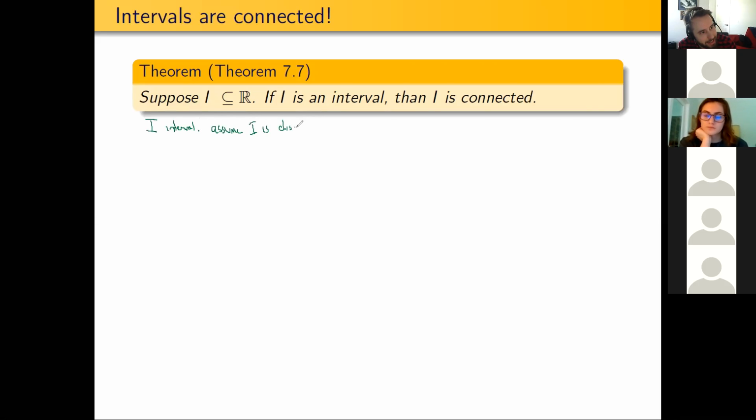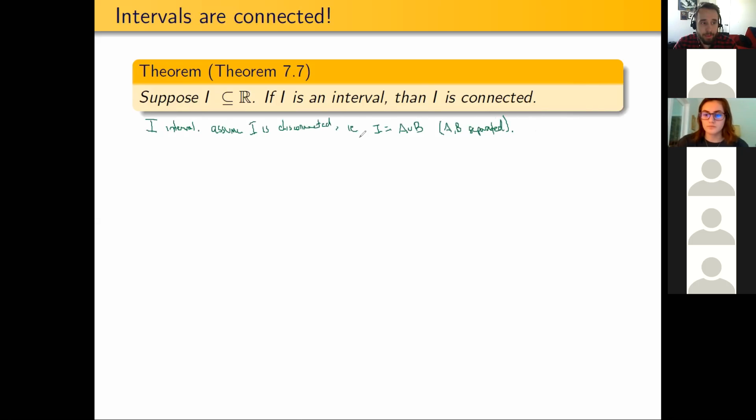Assume I is disconnected, which means by our definition of disconnected, it can be written as the union of two non-empty separated sets A and B. So, let I be an interval, and assume for contradiction that it is disconnected, i.e., that our interval can be written as two separated sets, A and B.